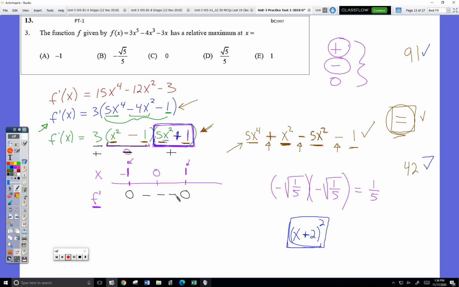Perfect. And then you could check -2. So it's going to be positive, positive, positive. And then check 2, which is positive, positive, positive. There we go. So Cambria, the correct answer is?